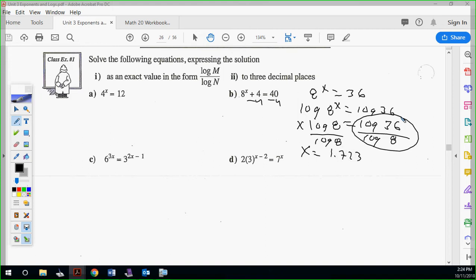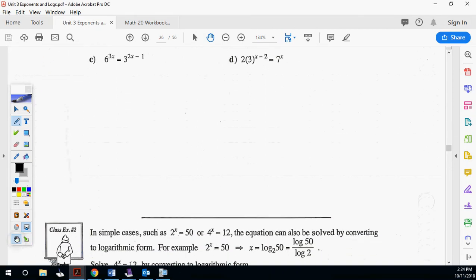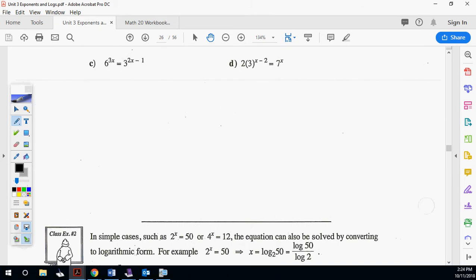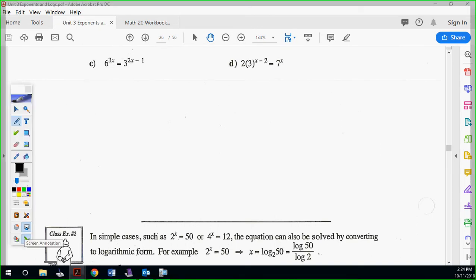Okay, here's your hint, though, to get started on D. I saw this in a couple quizzes, 2 times 3, absolutely not. It's got an exponent, you can't do 2 times 3. So don't do that. We need to think more in the sense of that's a product. So we're going to log both sides still.